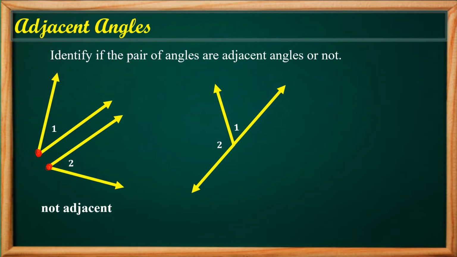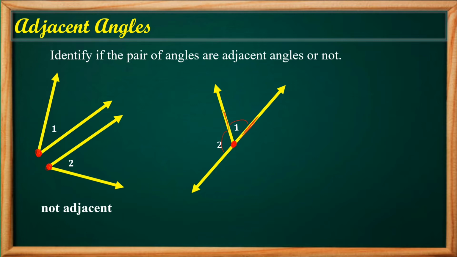Another one. On this part, again, ang unang condition is they have a common vertex. Now, si angle 1, this would be the vertex. How about for angle 2? This is also the vertex. They have a common vertex. Now, the second condition is they have a common side. This would be the side of angle 1 and another side of angle 1.